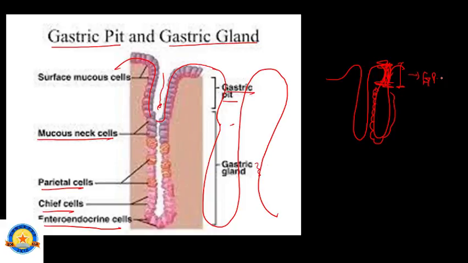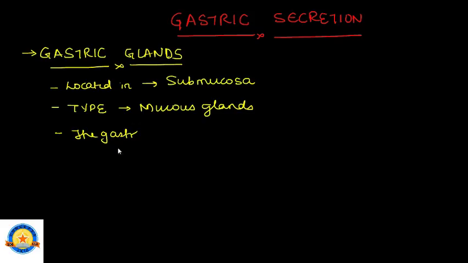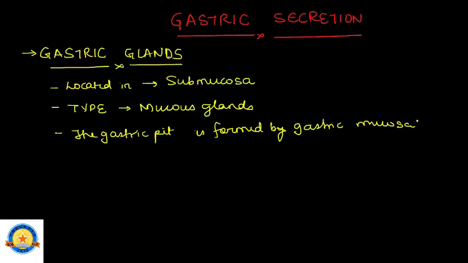So the gastric pit is formed by gastric mucosa that folds like a root, or the gastric mucosal folds form the gastric pits.